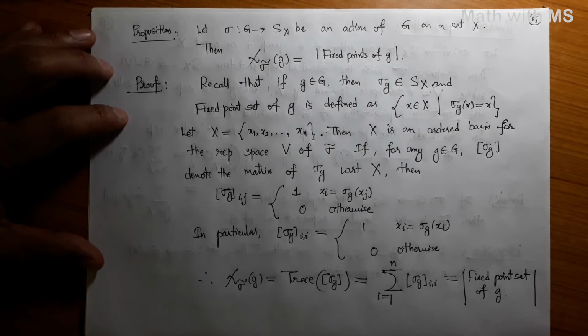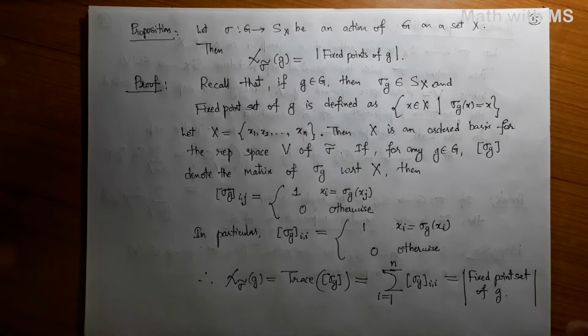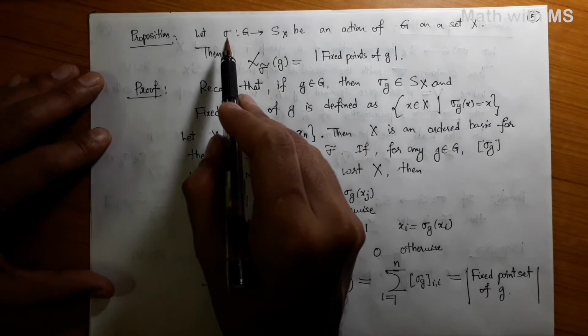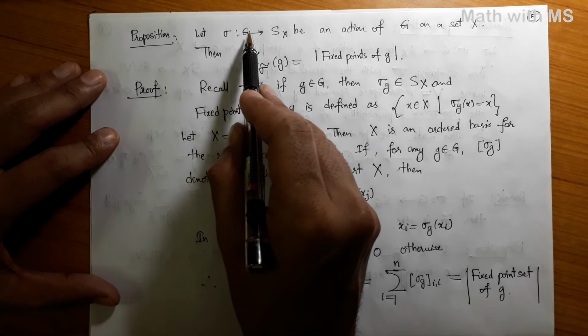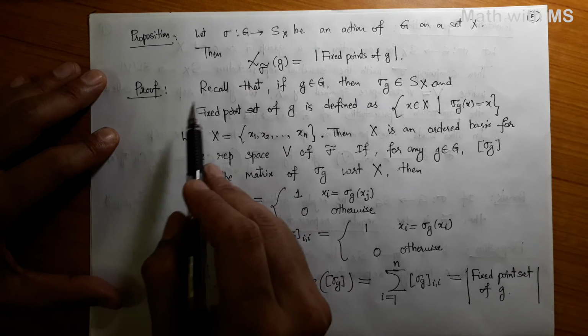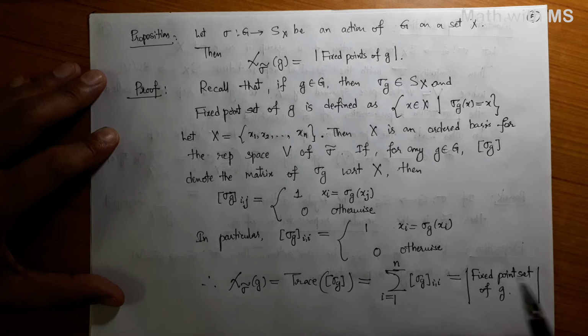A very nice description of the character in terms of the action of the group on the set X. Notice here that if we would have taken the action of the group G on itself by left multiplication, in that case, for any non-trivial element g of the group G, there won't be any fixed points.